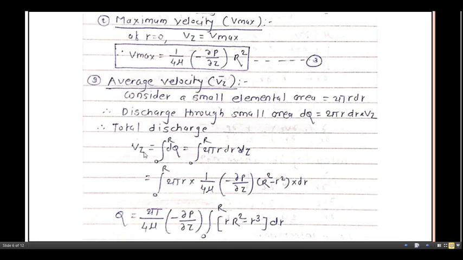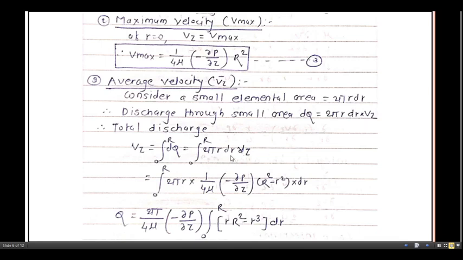The total discharge we can get as the integration of dq with the limit from 0 to capital R. What about this dq? dq is already with us, 2 pi r multiplied by dr multiplied by vz.